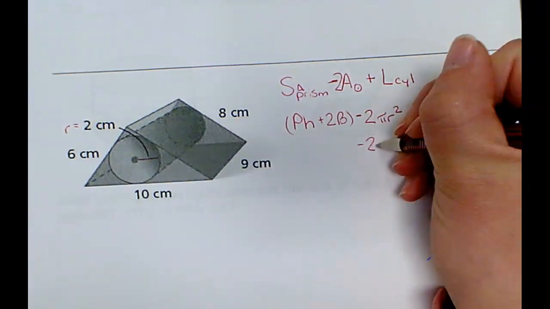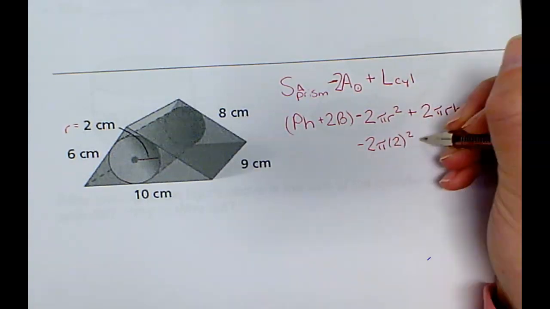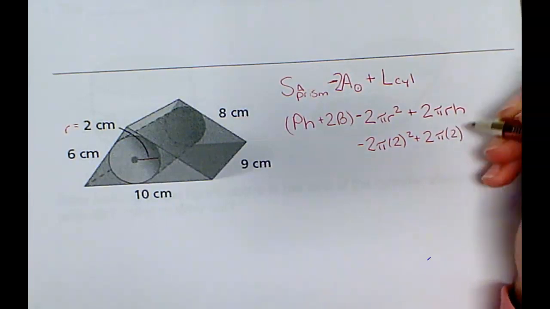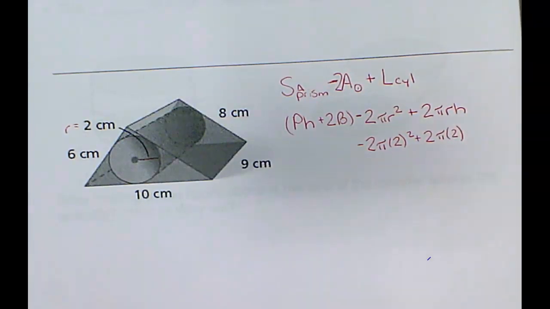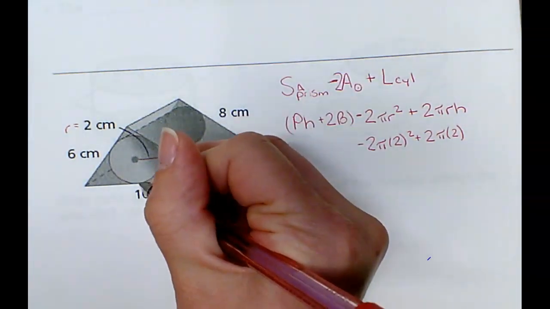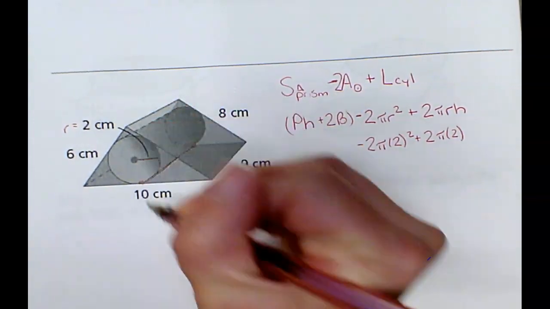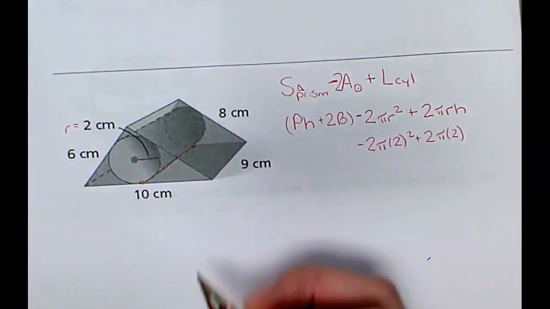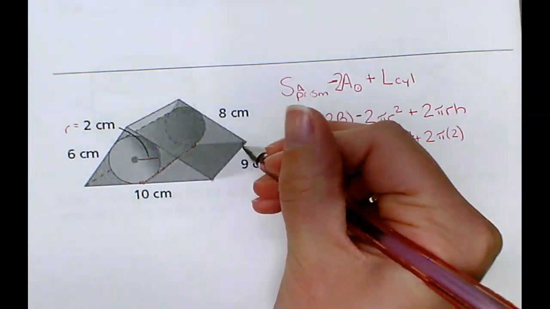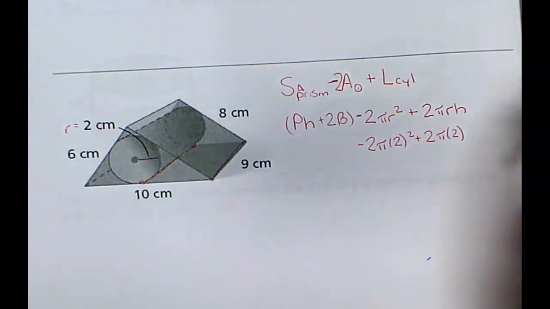So I have 2 times pi times r squared, r is 2, plus 2 times pi times r, which is 2, times the height of that cylinder. So what's the height of that cylinder? Well, you go from edge to edge, this right here, that's the height. What is that distance? It's the same distance over here. So that height of the cylinder is 9 centimeters.